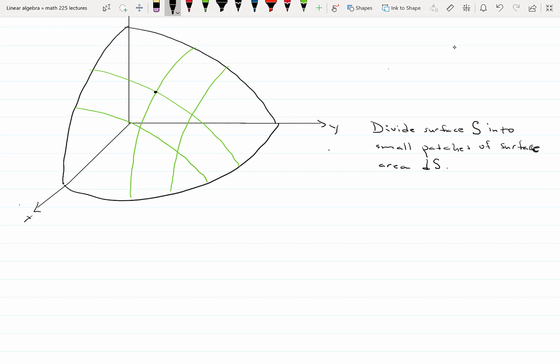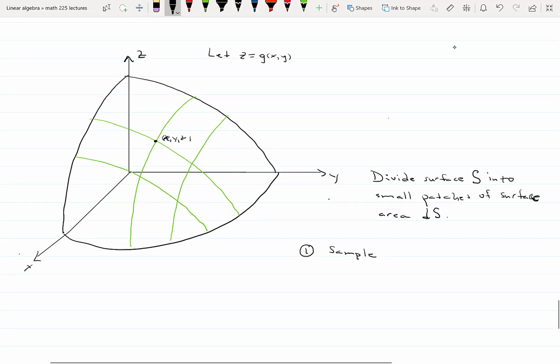At some point in or on the little patch of surface area dS, I'll just put it up at the upper corner here, it doesn't have to be, I'm going to place a point x, y, z. And the first thing we do is we sample some function. And it's not the surface.